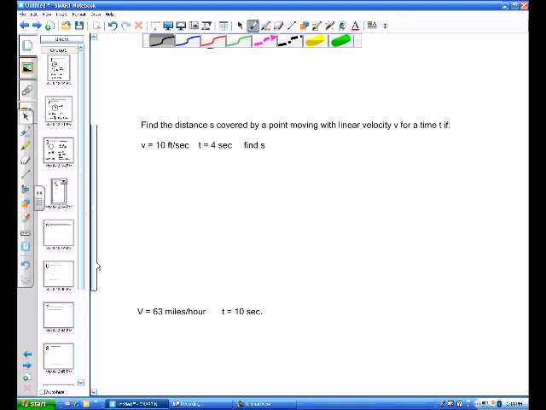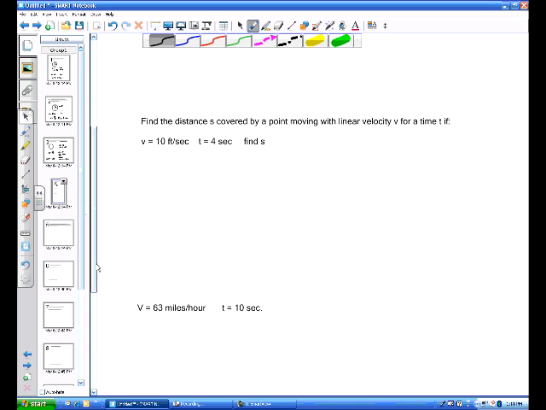We want to find the distance traveled. So we're wanting to find s, the distance traveled by a point moving with a linear velocity v for a time t. Well, let's start back with our formula that v is equal to s divided by t. Start with your basic formula.